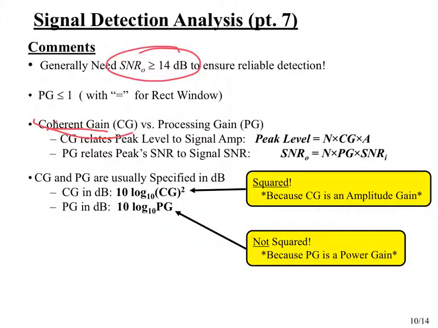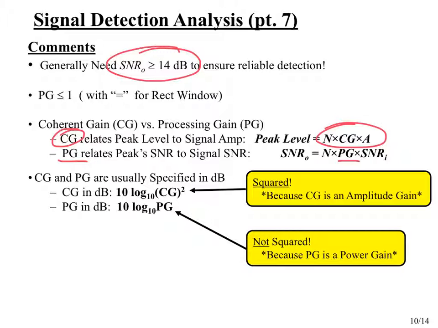The signal peak height goes up as we increase the processing length, but so does the noise floor. The coherent gain only tells us how the peak level goes up. It does go up, but the processing gain tells us what happens with the race between them. So that's the distinction.